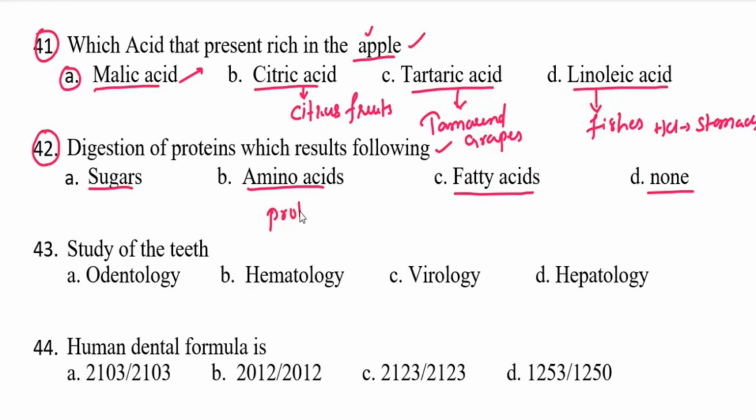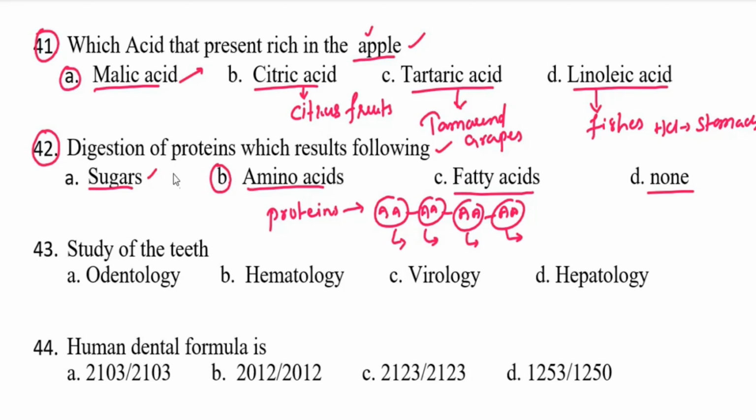Proteins are the building blocks of the body, as we discussed in the previous session, and proteins are formed by amino acids. Many amino acids together form a protein. If these proteins are broken down by digestion, the result is simply amino acids. So option B is correct for this question.